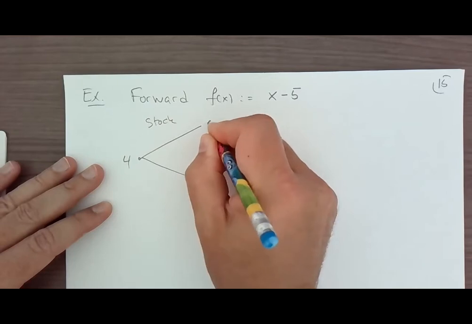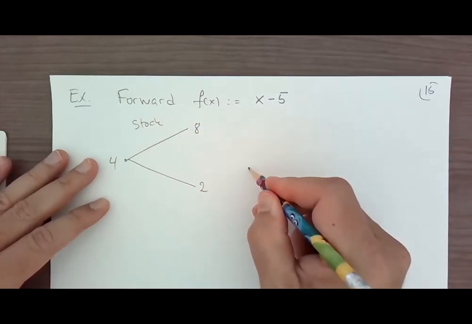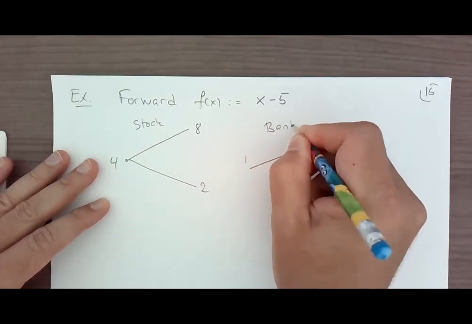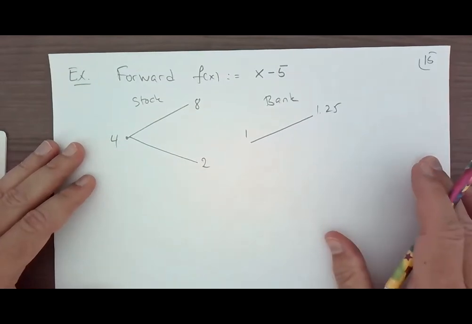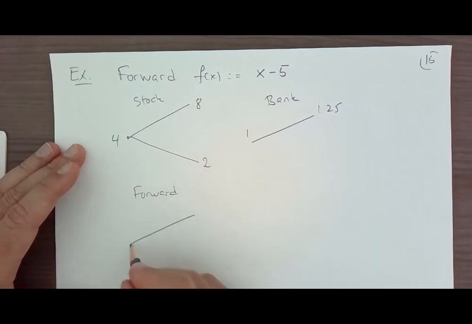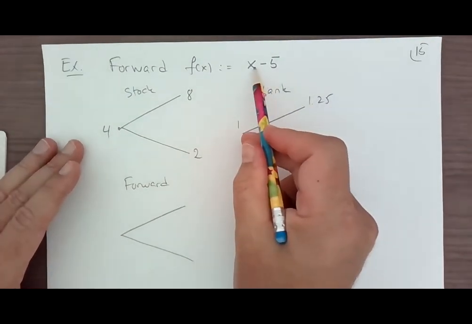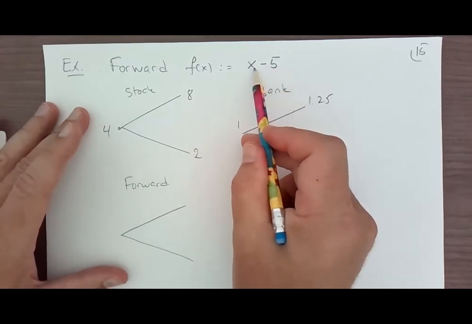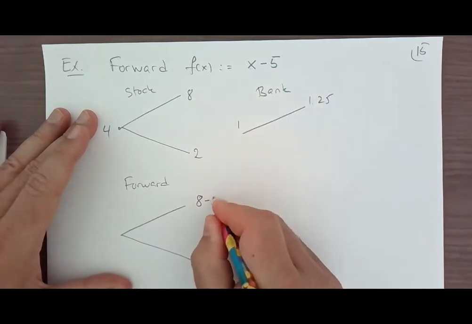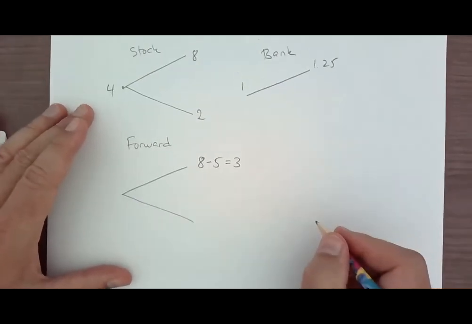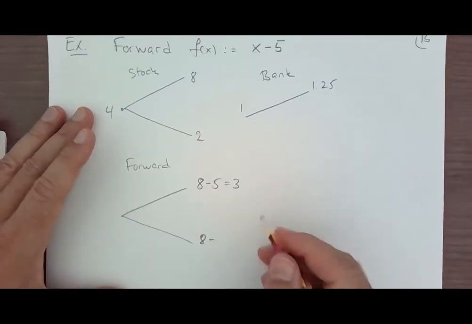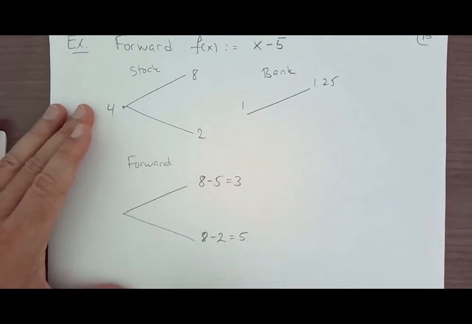This was 4, 8, 2. The bank was 1.25. And we need to look at the forward. Forward will be 8 minus, not minus 6, minus 5. This will be a 3. And downstairs it will be 2 minus 5. That will be a minus 3.